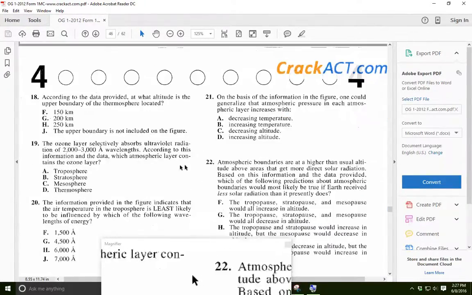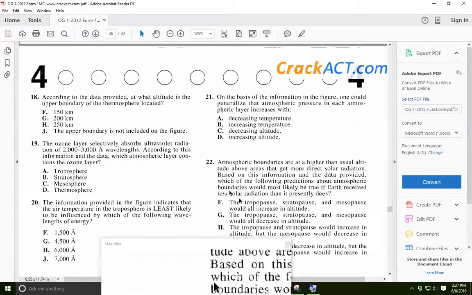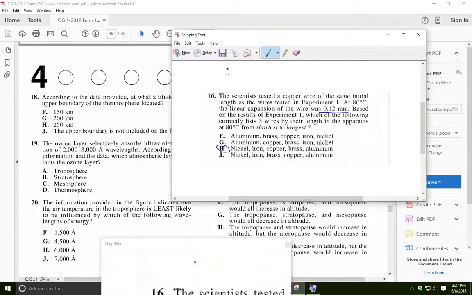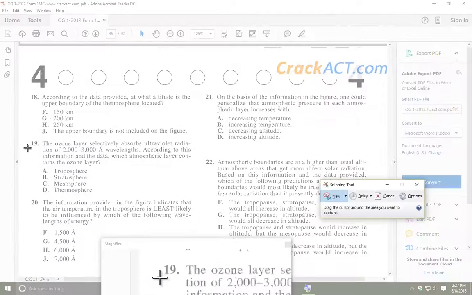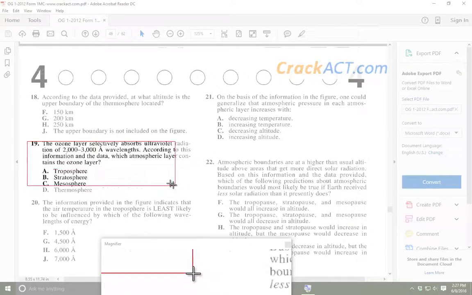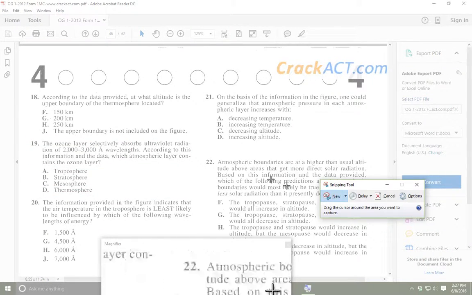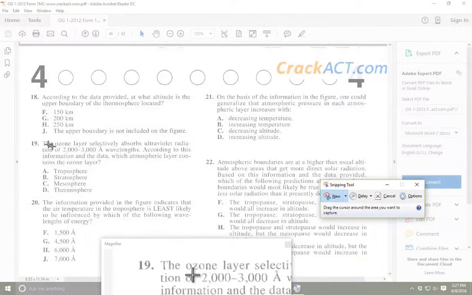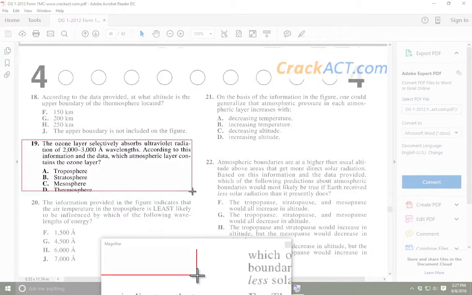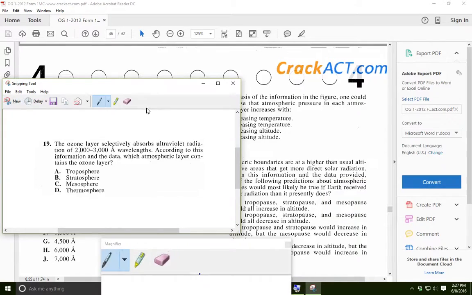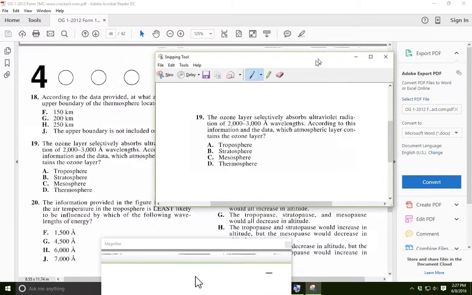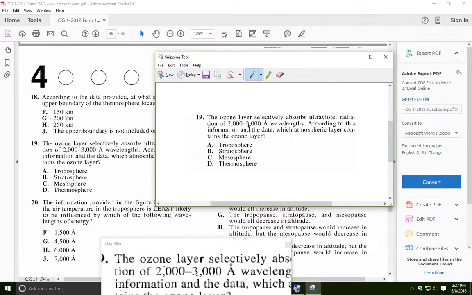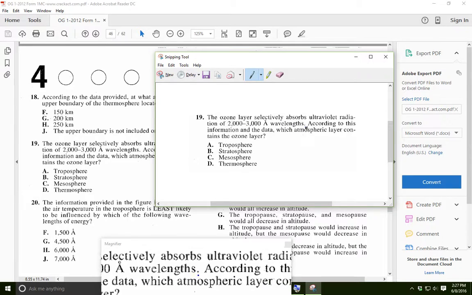Okay. So the ozone layer, let's get a snip of this. Oh gosh, new. The ozone layer selectively absorbs ultraviolet radiation of 2,000 to 3,000 angstrom wavelengths.